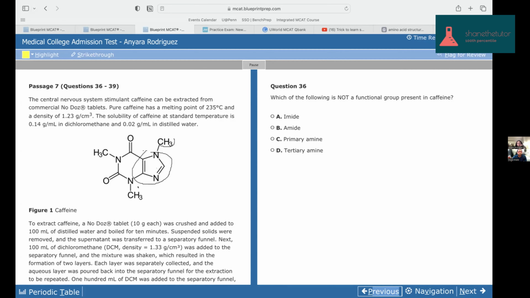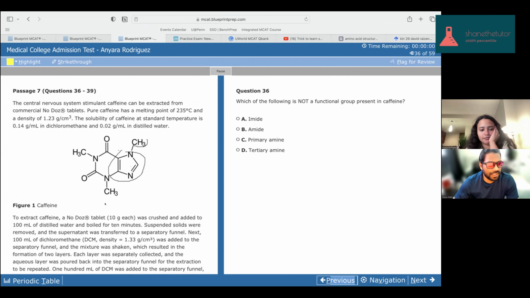Because that has an imidazole ring in its side chain. So you want to look at this and recognize functional groups to the best of your ability. All right, cool. And I guess we can continue.